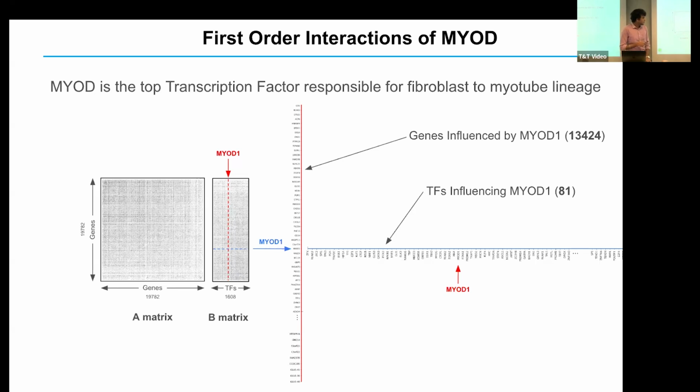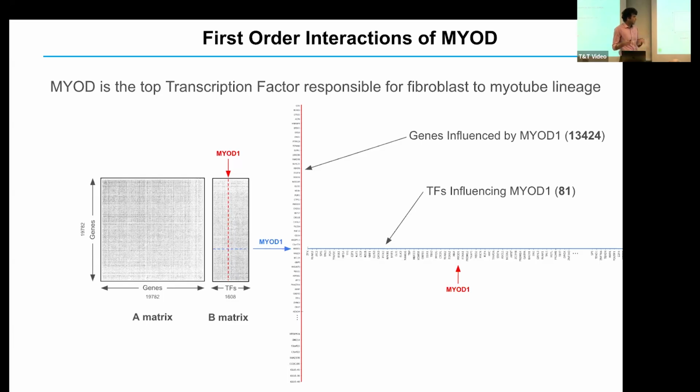What we essentially have here is a column and a row. The column tells us all the genes that MyoD affects. MyoD has interactions with all of these genes, and the row tells us which transcription factors are regulating MyoD.